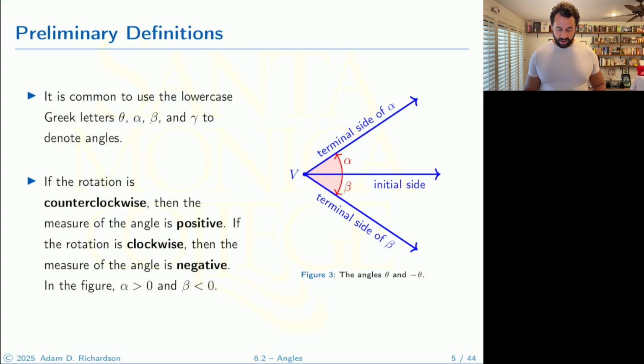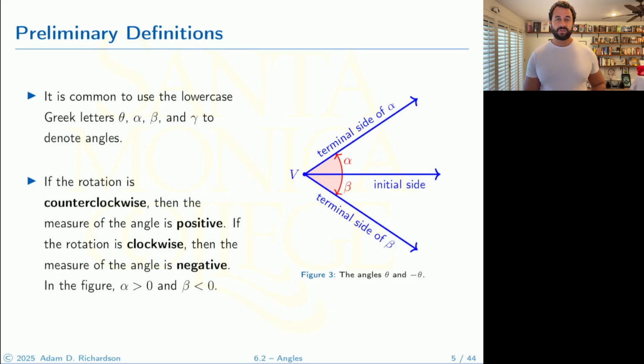It's just a convention. Now, here's one thing that might feel a little bit weird, but if the rotation of an angle is counterclockwise, then the angle is positive. All right, so it's opposite of a clock. So basically, if your angle goes like this, counterclockwise, the measure of that angle is positive. Now, if the angle goes down like this, clockwise, then the measure of the angle is negative. All right.